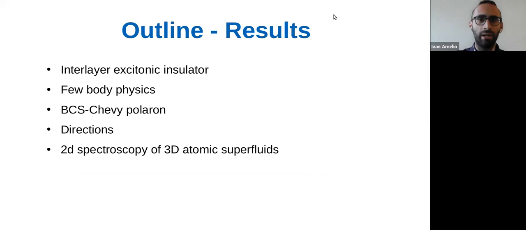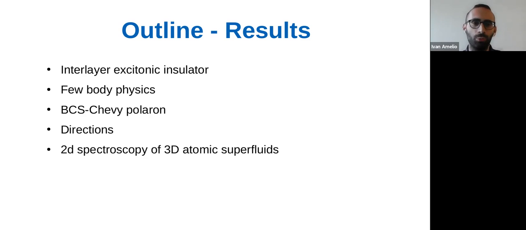Okay, so as outlined, I will first present what is this interlayer excitonic insulator phase, and then to understand Polaron spectra, it is important to understand which are the bound states of the system. So we will move to the few body physics.